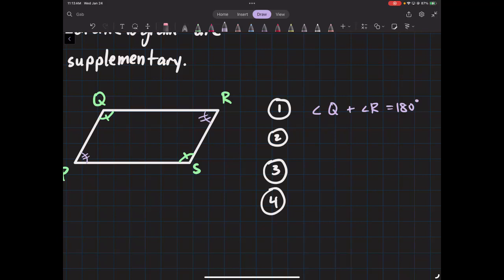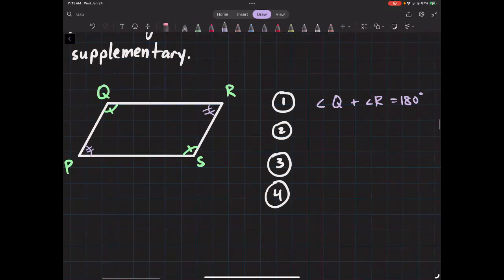I already did one of them, Q and R. Can you give me another one? RQ, yes, it's just the other way, right? But let's use R plus another one, S, equals 180. Okay, Jeremy, pick someone.